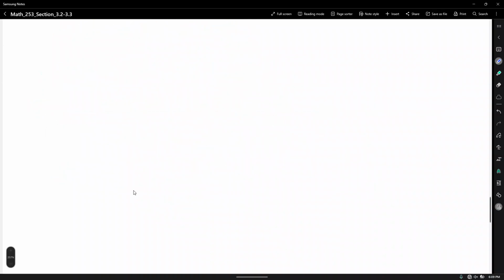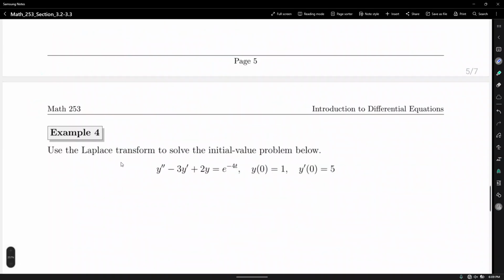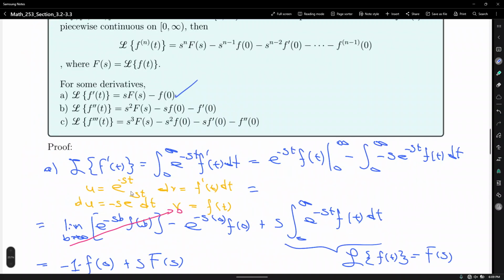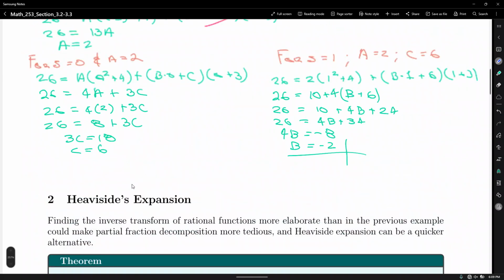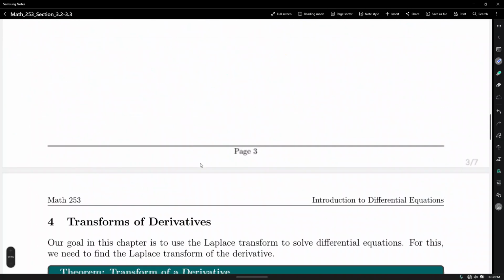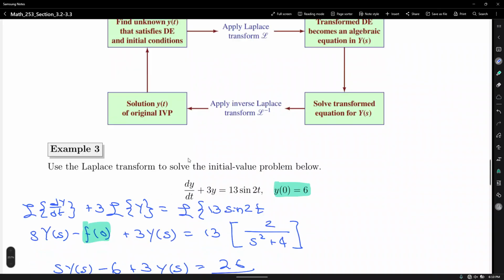Okay, again, what did we get? Is that a 2, right? So 2 e to the 3t. From what exercise was this? Okay, let me go back real quick. That's from 1D, right? That was from 1D. Sorry to keep scrolling a lot.